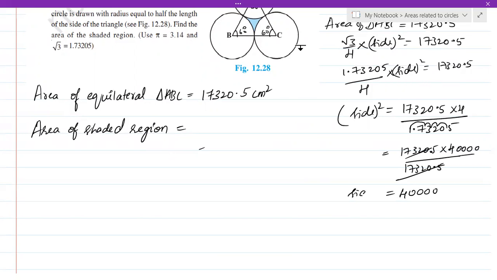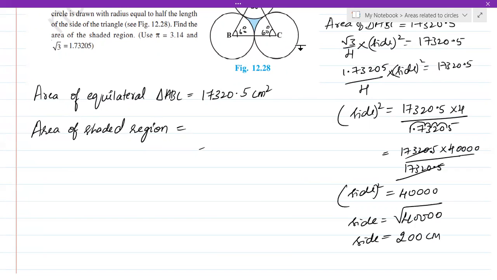Now side square is equal to so much. Therefore, side is equal to the square root of this. The square root of 4 is 2, and there are 4 zeros. Whenever we take a square root, we take half of the zeros. That is, it will become 200. So side is equal to 200 centimeters.